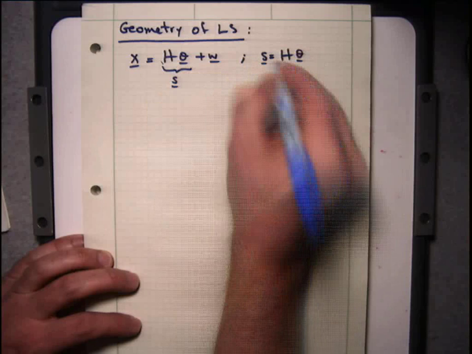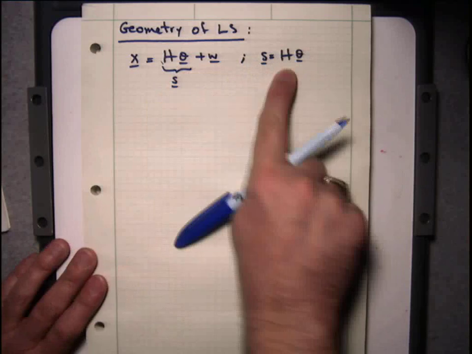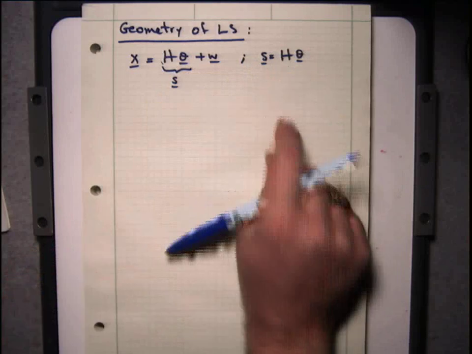Now we can be a little bit more explicit about the way we write this. We can in fact write H in terms of its columns.